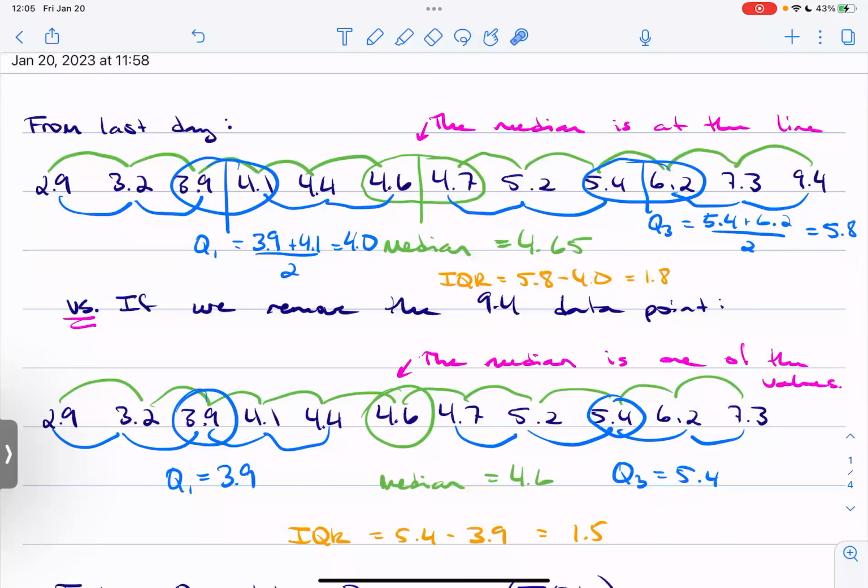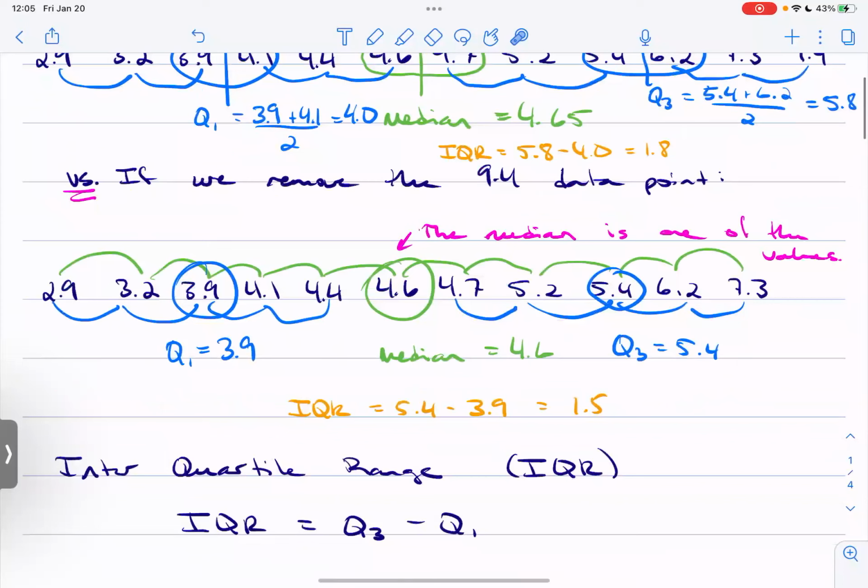And then I quickly ran through and I said, okay, the interquartile range is exactly like the words say. It's the distance between the quartiles. And so we calculated it by Q3 minus Q1. The interquartile range is a measure of spread.